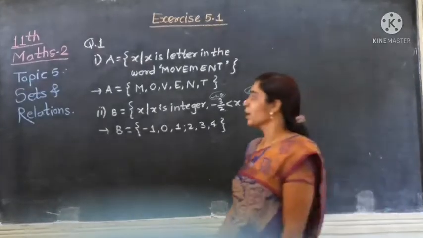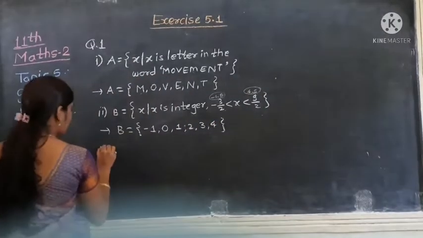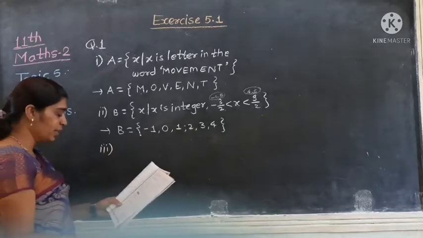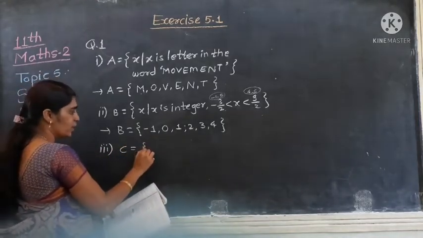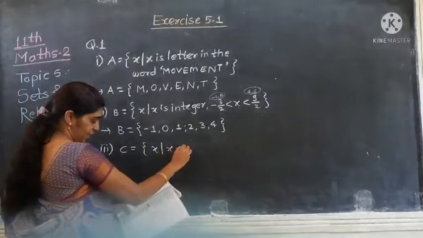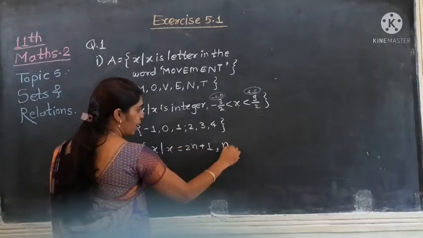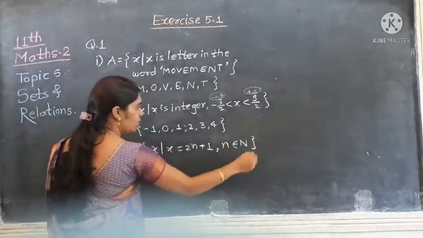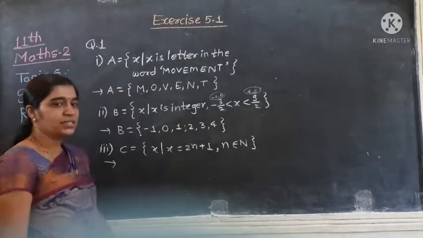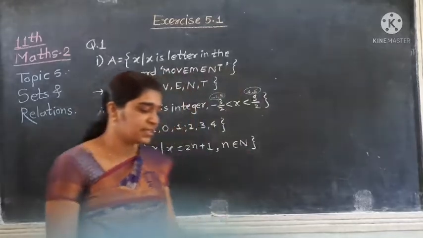Understand? And what is the last question? C is equal to the set of all x such that x is equal to 2n plus 1, where n belongs to the set of natural numbers.